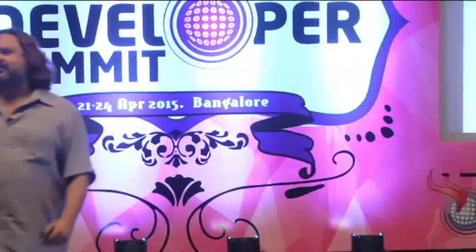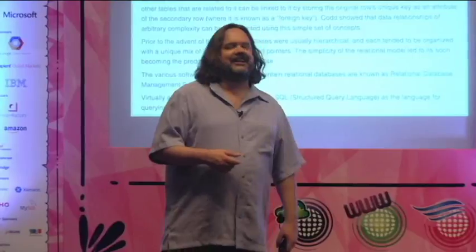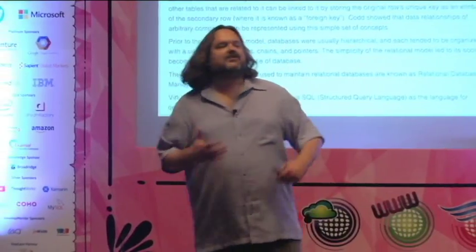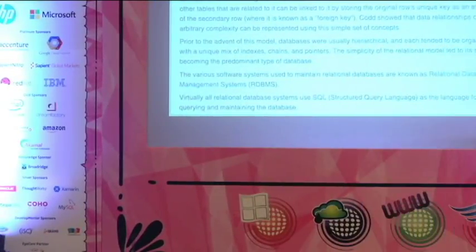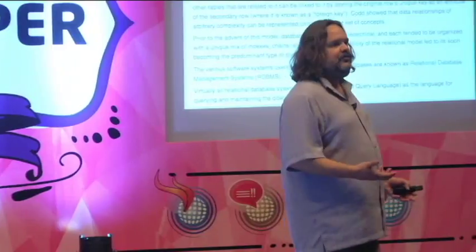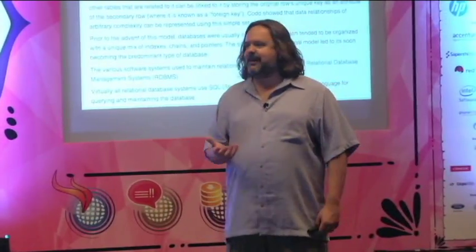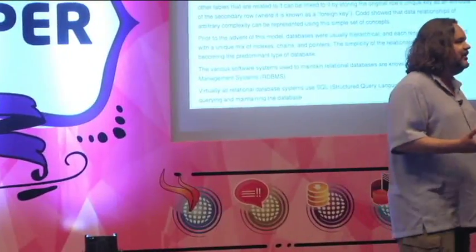Every diagram we see as developers starts with something that looks like this, doesn't it? This relational database. I didn't even need to tell you what it is. There's our persistence solution right there. And I've said many times up on stage this week that I literally cannot remember a time when relational databases weren't a part of software development. Relational databases came out in the late 60s, early 70s.